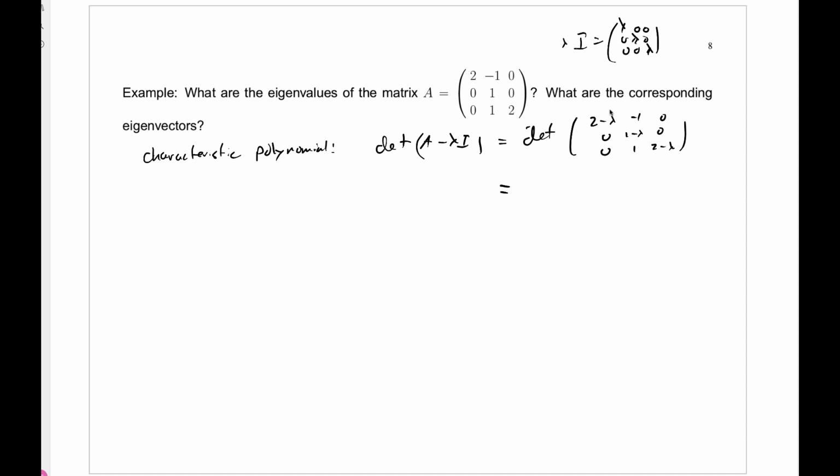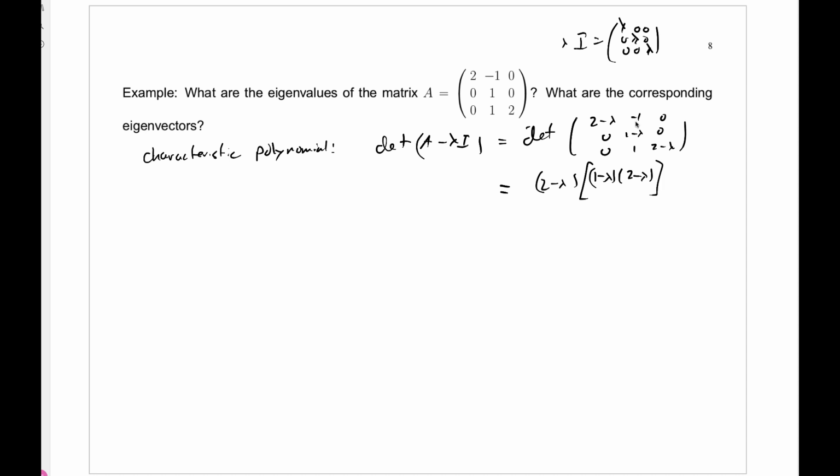We take the first element, 2 minus lambda, and we multiply by the determinant of its minor matrix, which is 1 minus lambda times 2 minus lambda minus 0.